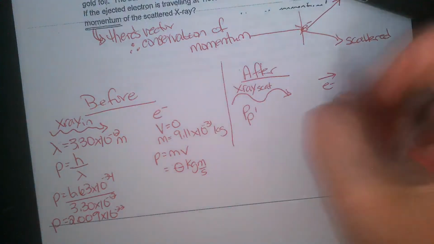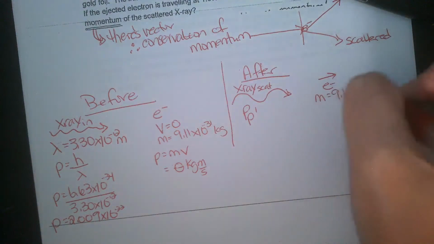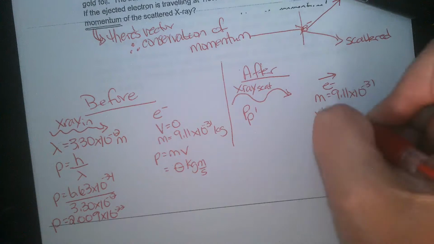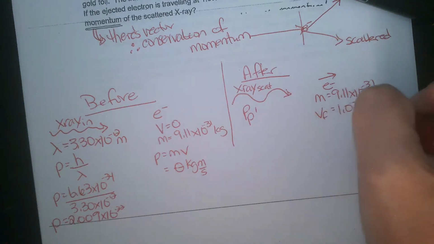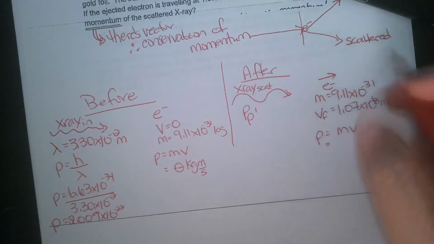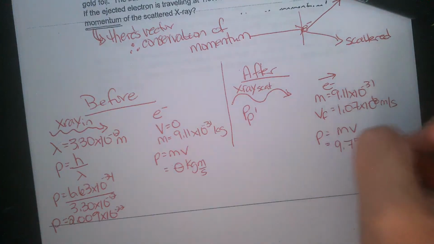And of the electron, again, the mass is 9.11 times 10 to the negative 31, and our velocity after the fact is 1.07 times 10 to the 8 meters per second. So momentum being mass times velocity, we're going to get 9.75 times 10 to the negative 23 kilograms meters per second.